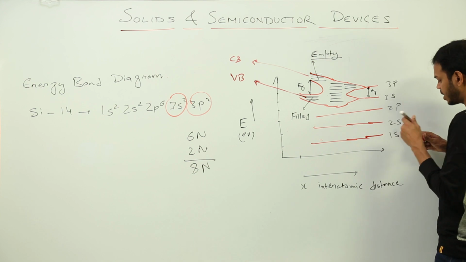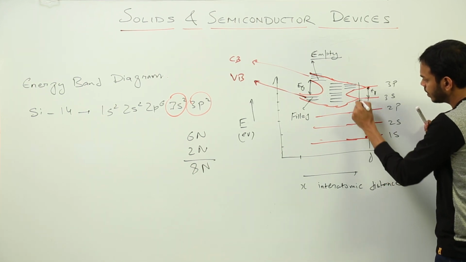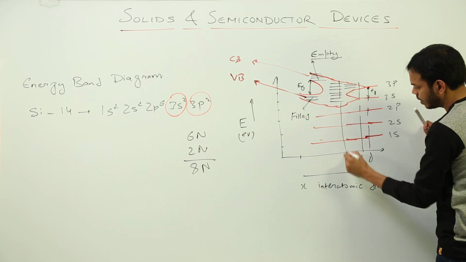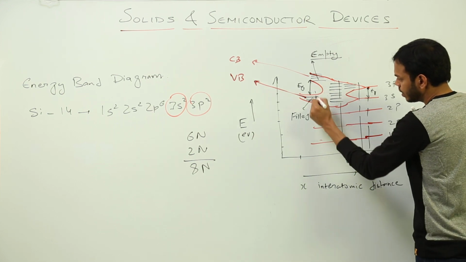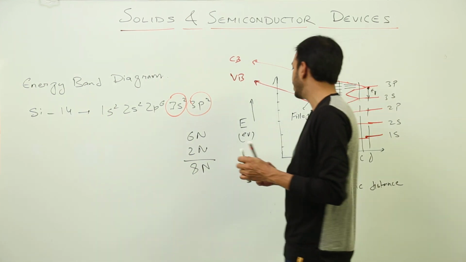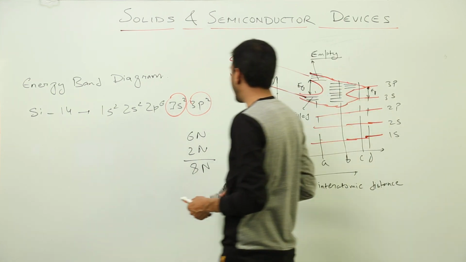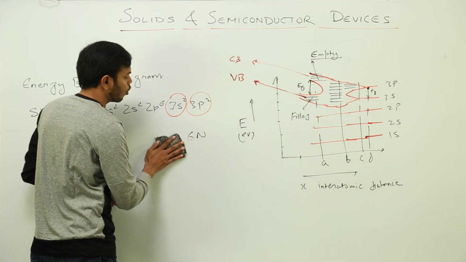Let's mark this thing like D, C, B and A. So A is the actual interatomic separation. So this is how you can explain the whole process in terms of points.